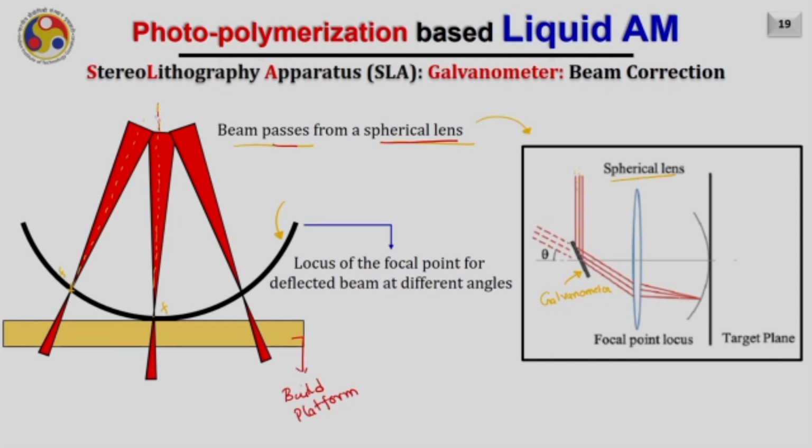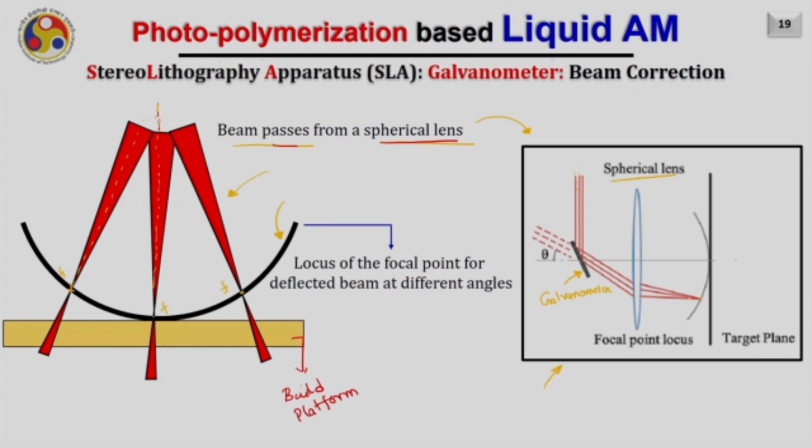Because further we want to focus this laser beam at a particular location. We have just seen that if the laser beam is deflected by the galvanometer and passes through the spherical lens to get focused, the locus of the focal point lies on a circular path. That is what you are seeing here also in this image again.